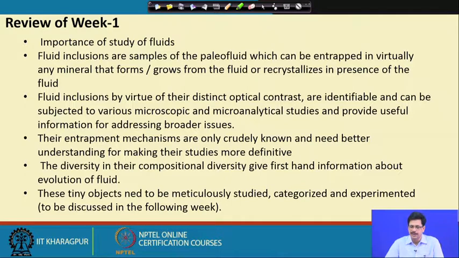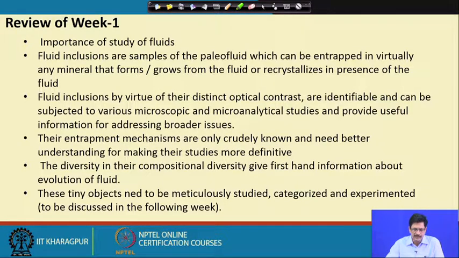They can be entrapped virtually in any mineral that forms, grows or recrystallizes from the fluid or in presence of the fluid, and by virtue of their distinct optical contrast they are very easily identifiable. One needs just a proper magnification polarizing microscope and a properly prepared sample.